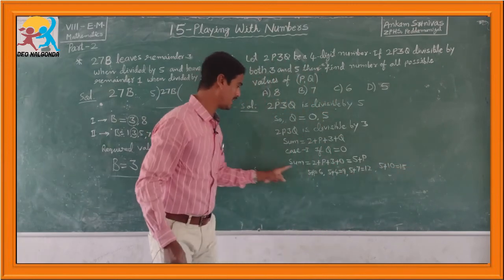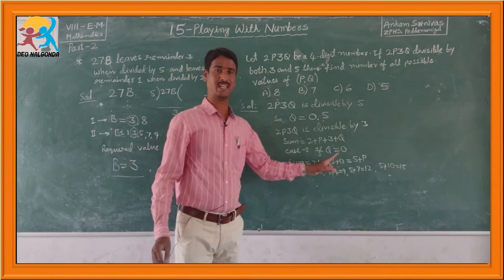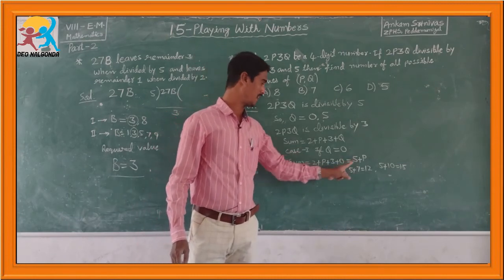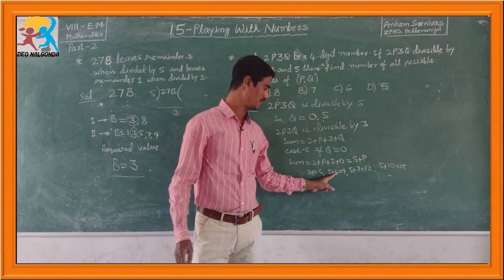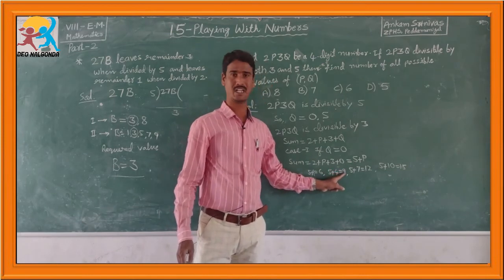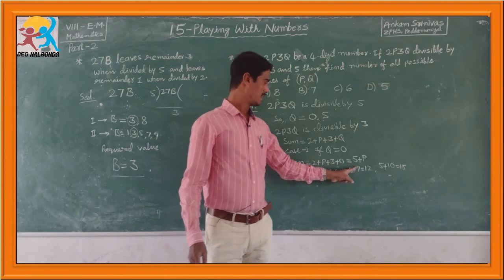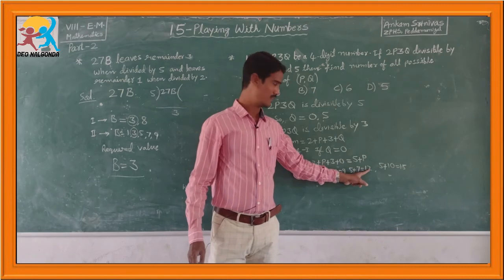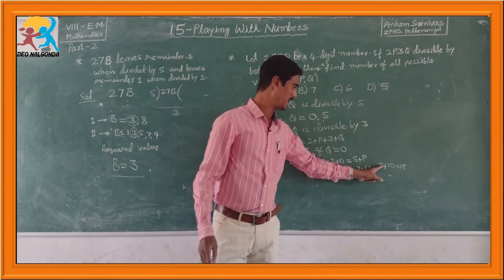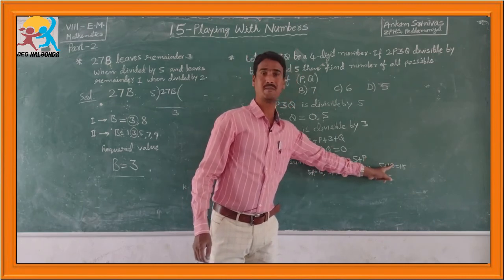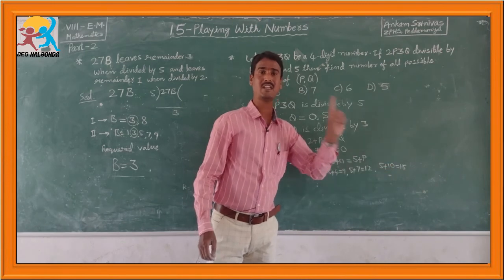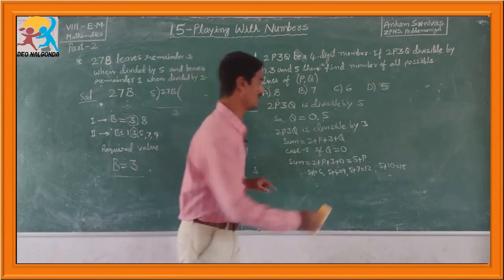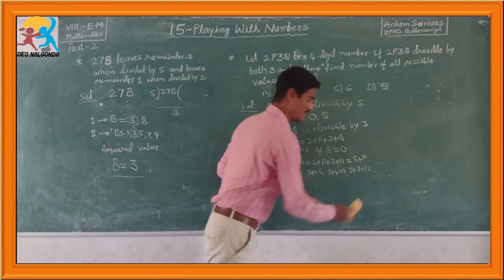So p equal to 1, 4, 7 all work, divisible by 3. And if I take p value 10, p should only be a single digit, so it does not exist.